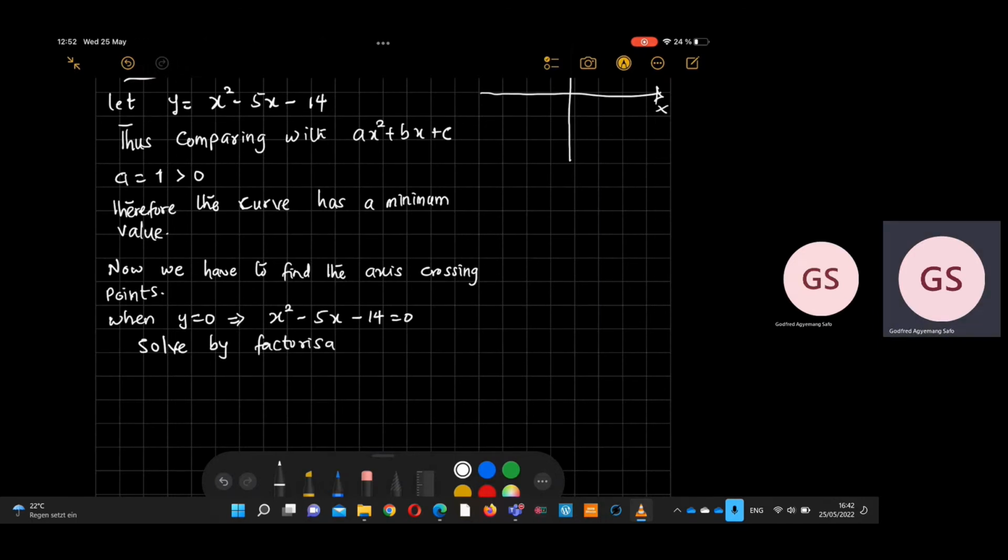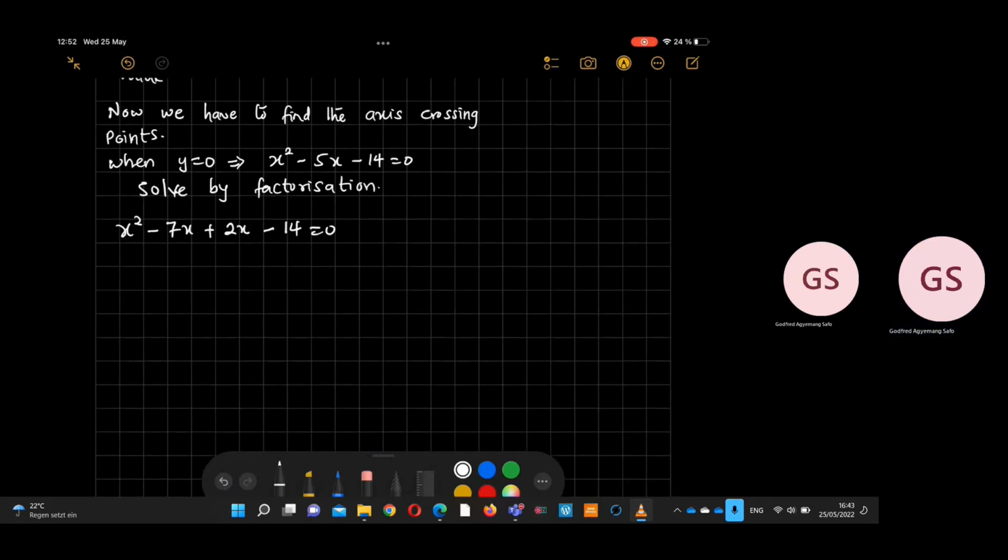So in this case, we solve by factorization, because it is easy to factorize. So we have x squared minus 7x plus 2x minus 14 is equal to 0, because we can express minus 5x as a sum of two factors of minus 14, that is minus 7 and plus 2.